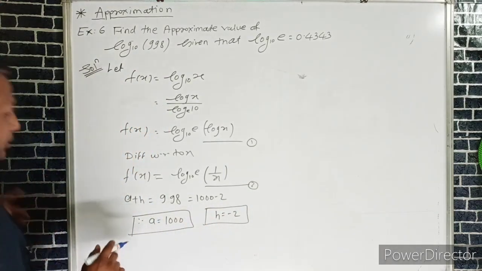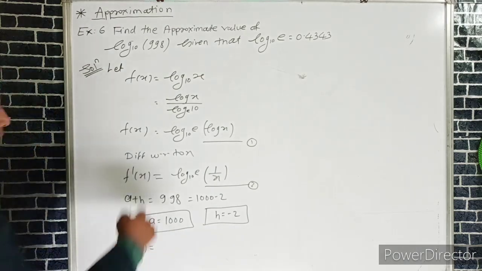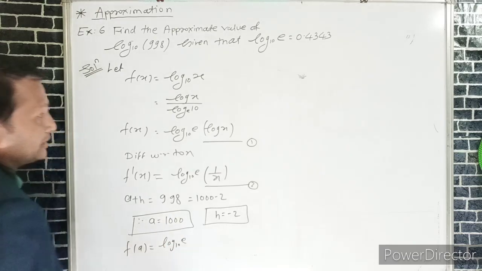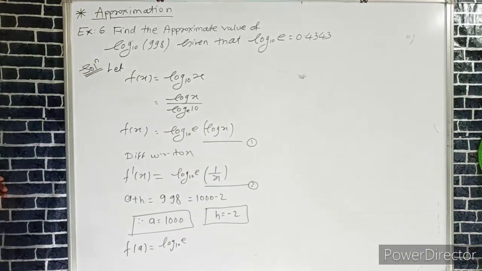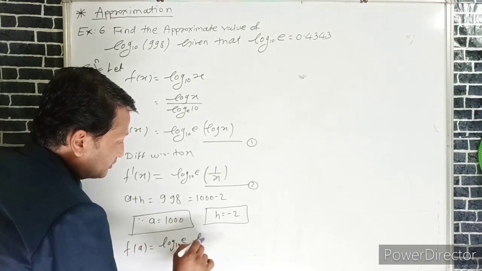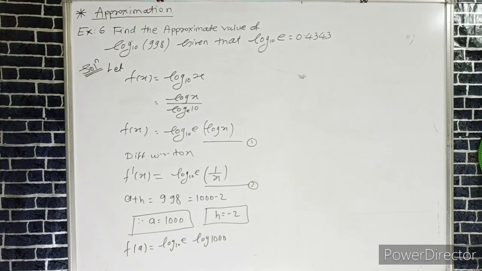From the above condition, we can find the value of f of a, which means log base 10 of e into log x, that is, the value of log of 1000.